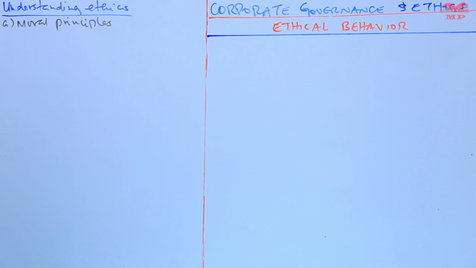Ethics is based on a set of moral principles that serve as guidelines for behavior. And these principles can be derived from various sources such as religious teachings, philosophical traditions, cultural norms, and personal convictions.